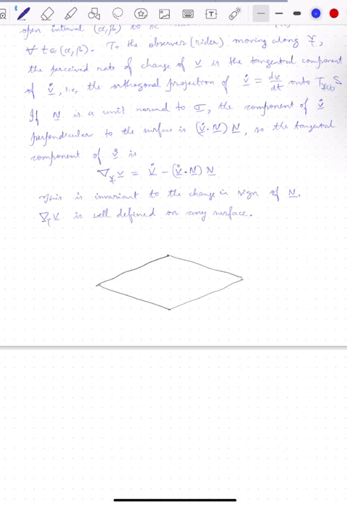We'll have the curve, and now let's define a curve on this. So say this gamma, and of course this is the curve.